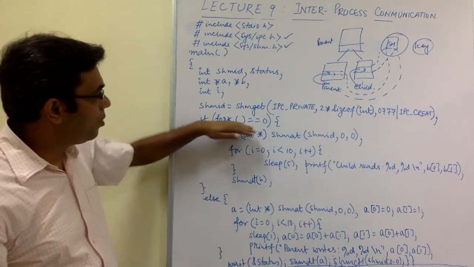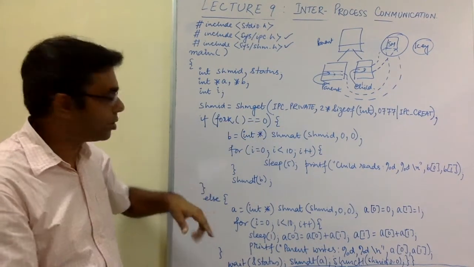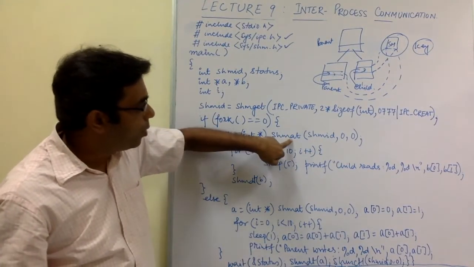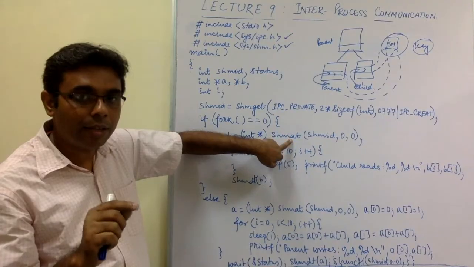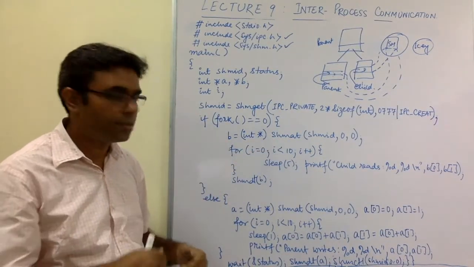So in case the return value happens to be 0, we know that we would be executing the code for the child process. So this is the code for the child process, where we would be first attaching that created shared memory segment to the address space of the child process.